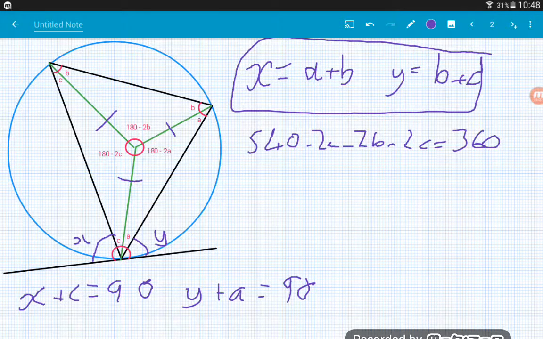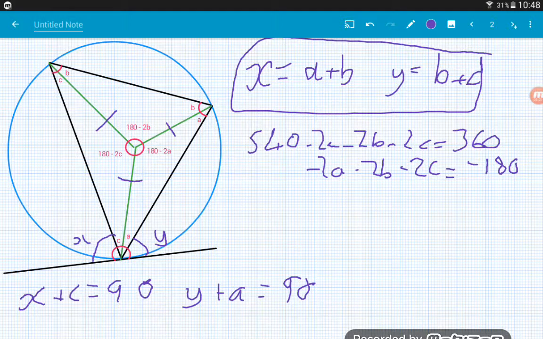If we take away the 540, we'll get minus 2A minus 2B minus 2C is equal to minus 180. Now in that equation, we have a common factor of minus 2 running through the whole thing.